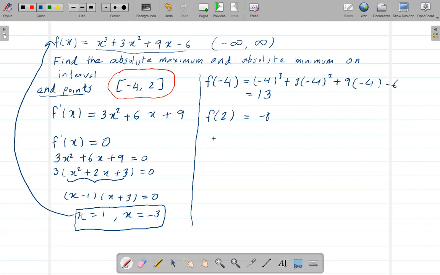After that, let's find the value of f at the critical numbers. So f of 1, you will get probably negative 11 here, and f of negative 3, you will get 21.